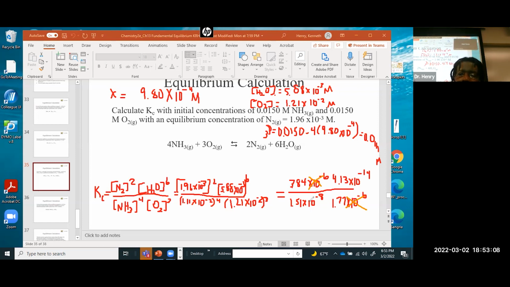So then we have 3.84 times 4.13 divided by 1.51.